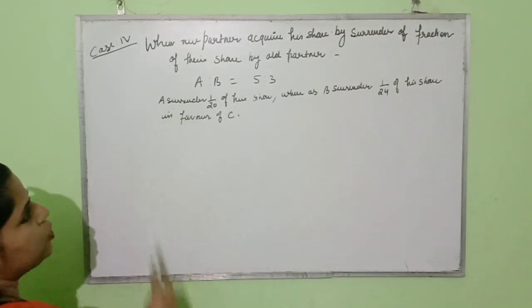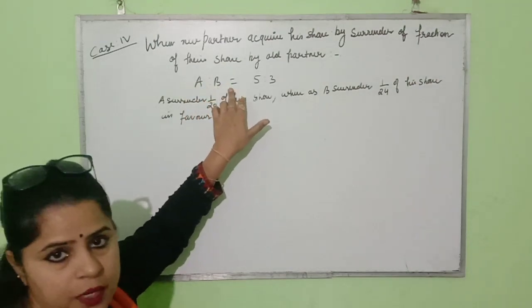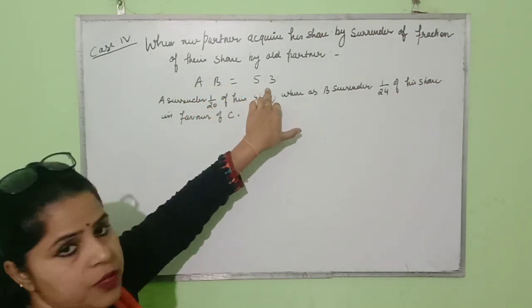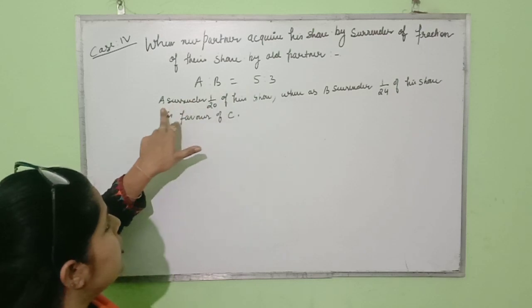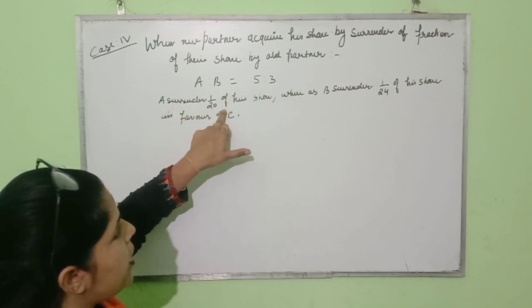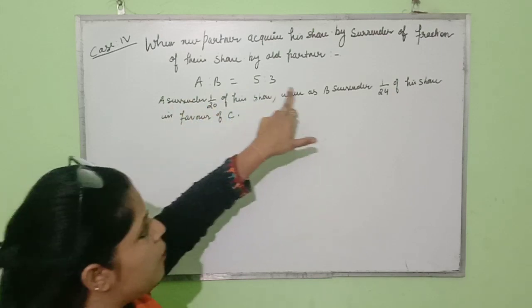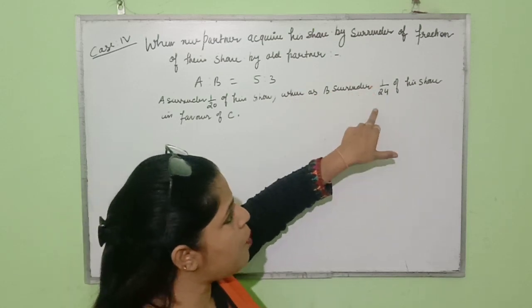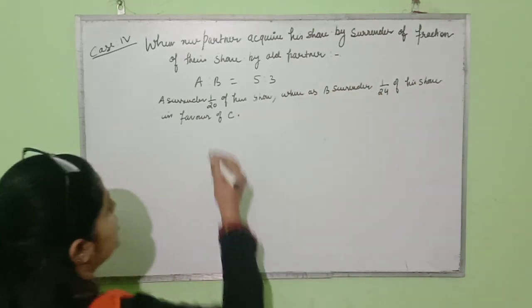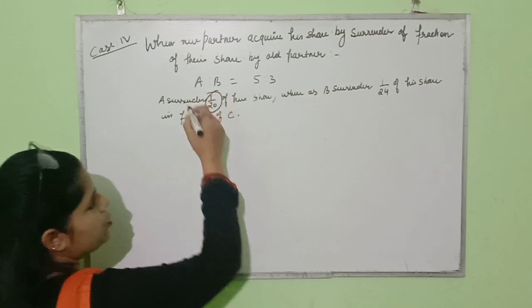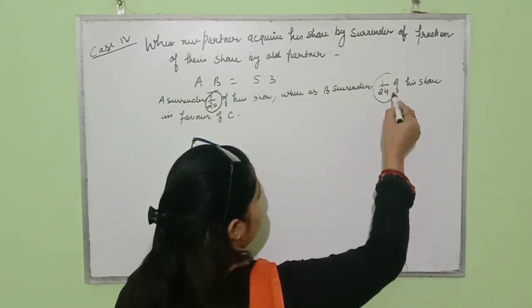Now in the given question, A and B are the partners. Their profit sharing ratio is 5 is to 3. A surrenders 1 by 20 of his share, whereas B surrenders 1 upon 24. देखो दोनों ही fractions में हैं, 1 by 20 is also a fraction and 1 by 24 is also a fraction.